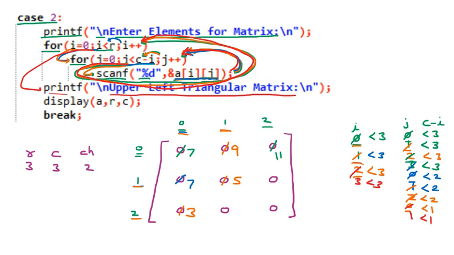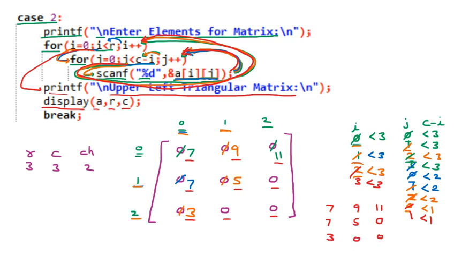So it is going to call a function, display array with rows and columns. This way the answer on the user screen will be: first 7 9 11, then 7 5 0, then 3 0 0.